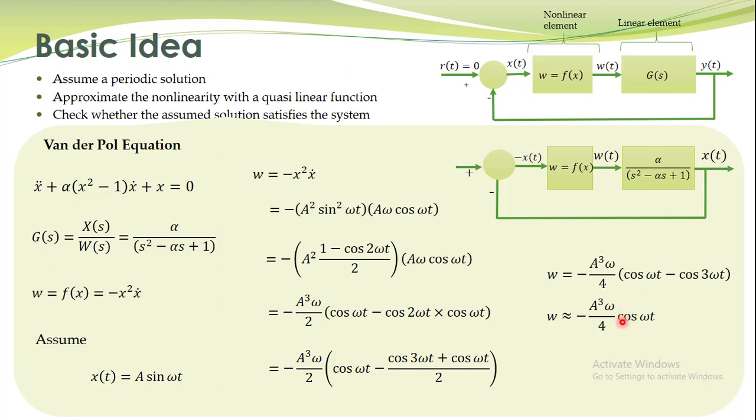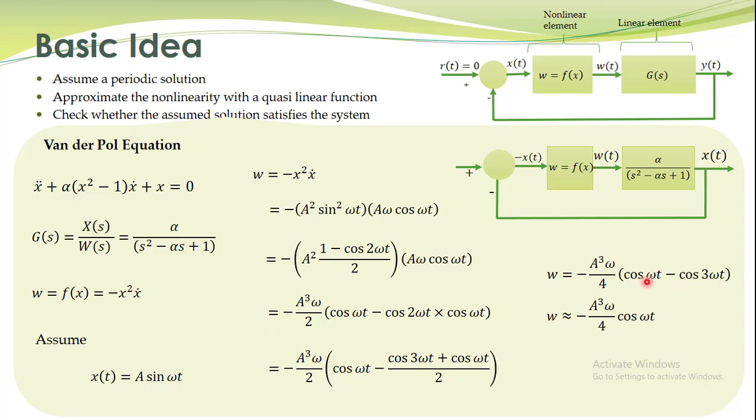Why is this approximately equal to this thing? Here what we see is that this system, this transfer function, is a low pass filter, and almost all real physical processes are low pass filters. Low pass filters mean it will suppress the higher order harmonics.